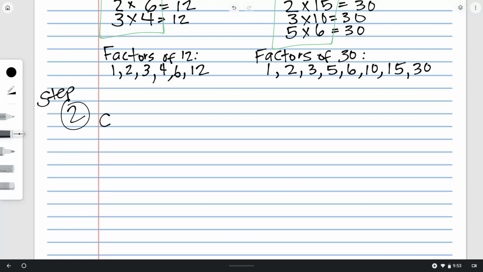So our next step is to find the common factor. I want to give myself enough room.